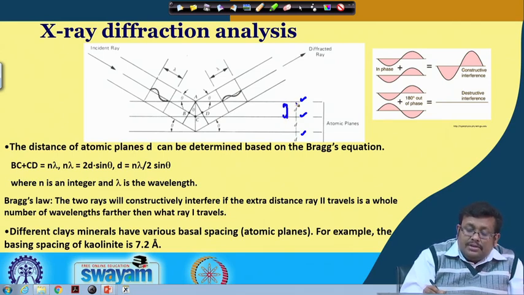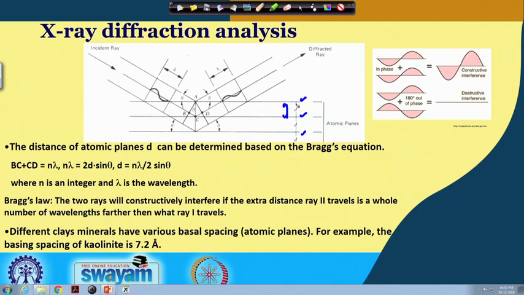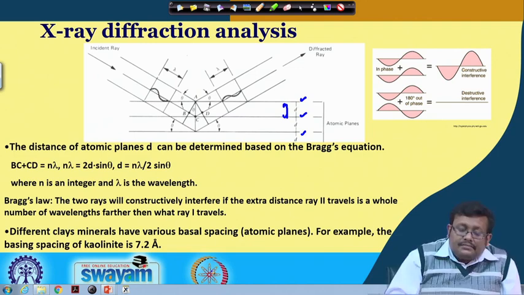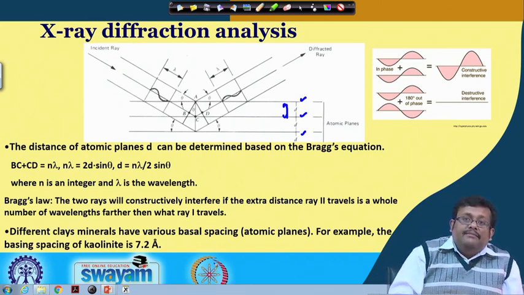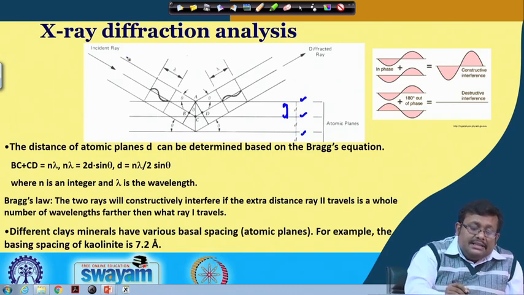The distance between these two parallel lines of atoms is the d-axis spacing, and suppose there are two different incident X-rays which are diffracting from the different planes. Let us consider this is ray 1 and this is ray 2.